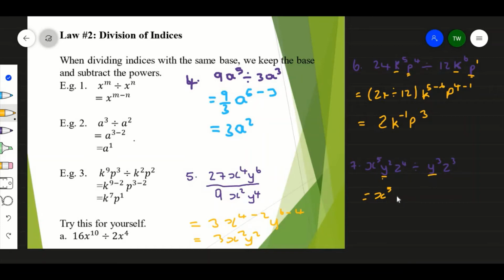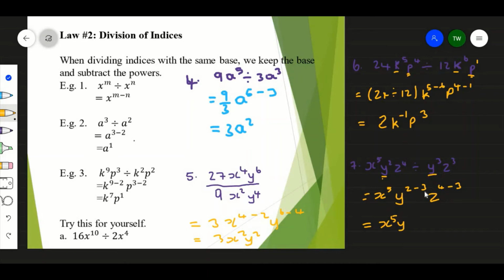So we're going to keep our y as the base, and the index we are going to subtract. So it's going to be 2 minus 3 here. Then we're going to keep our base of z, and then it's going to be 4 minus 3.